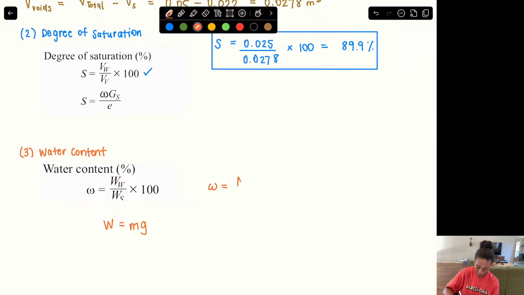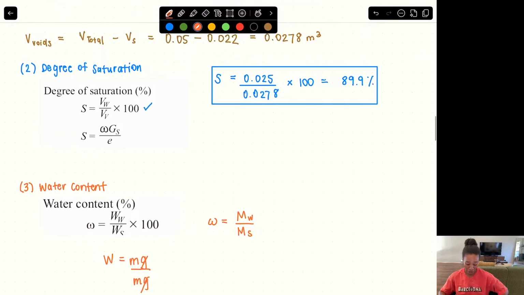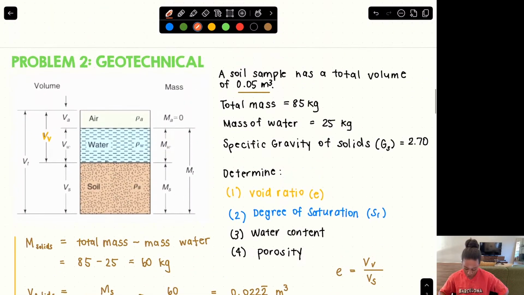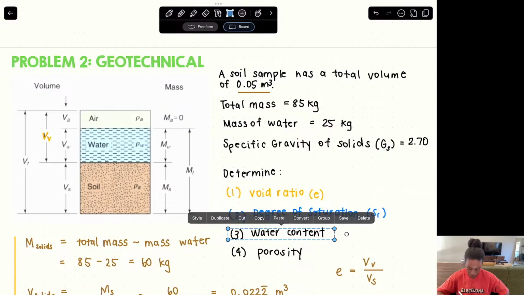So you can also do the mass of water over the mass of solids because you'd have mg over mg, the g's would cancel. Does that make sense? All right, so we already know the mass of each times 100 because it's given in the problem statement. Let's go ahead and make this orange.